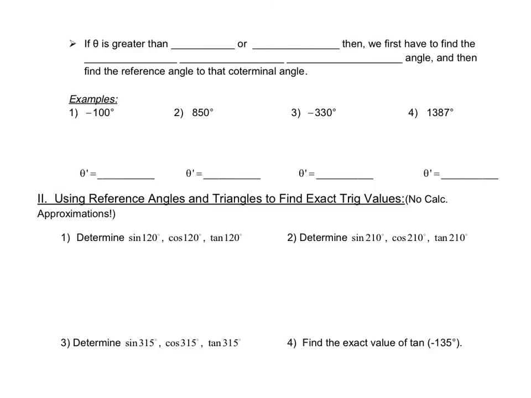Okay. So if theta is greater than 360 degrees, or is negative, then we first have to find the smallest positive coterminal angle.